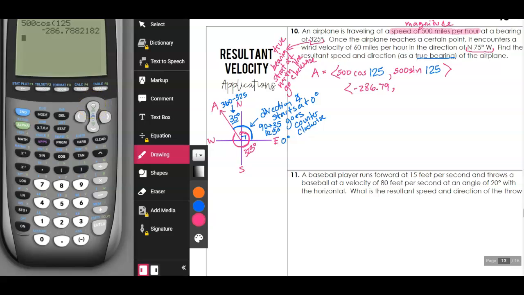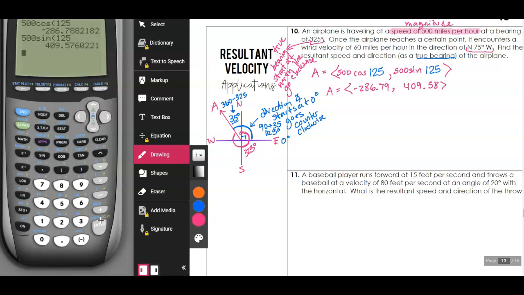And then we do the same thing, but for sine to get our y value of our component form. And we have 409.5. So that is a component form.